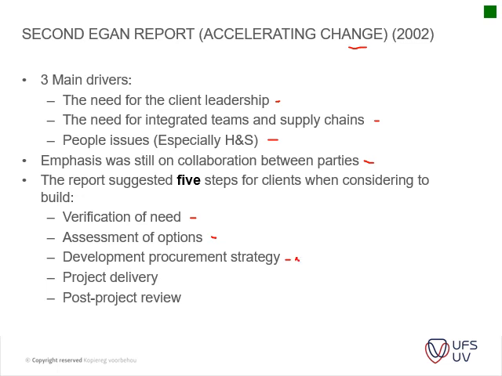This might seem as if it should be in place, but not everyone has a procurement strategy really in place. Procurement or project delivery, project review. Again, that's the closeout section where you actually have a look at what did we learn from this project, how can we implement it into the next project. The challenge is usually the project team goes to different sites, and it's not necessarily the same project team that works on the next project.